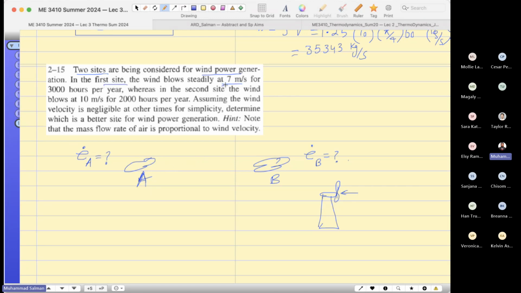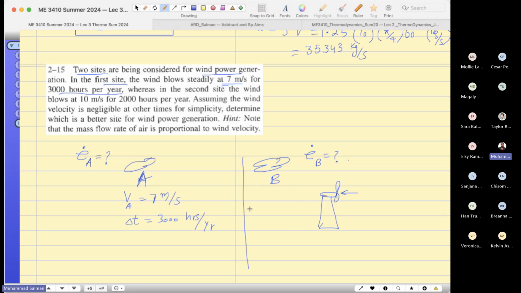First, site A has the speed of the wind, I would say, 7 meters per second, and it remains throughout 3000 hours. So the time is 3000 hours per year. The speed of the wind is steady, about 7 meters per second.